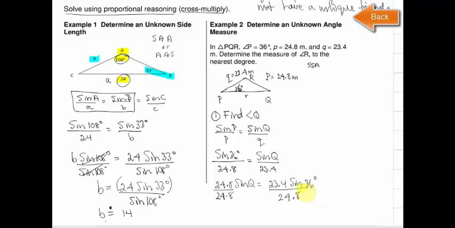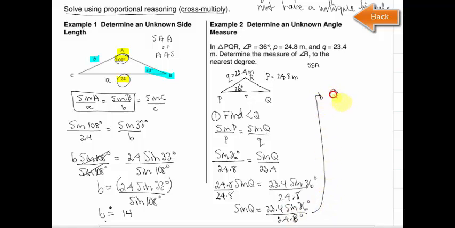Now I'm down to sine of Q equals 23.4 sine of 36 over 24.8. I know that if I want to find angle Q, I need to find the inverse sine of everything that's on the right of my equation. So I'll do that up here.